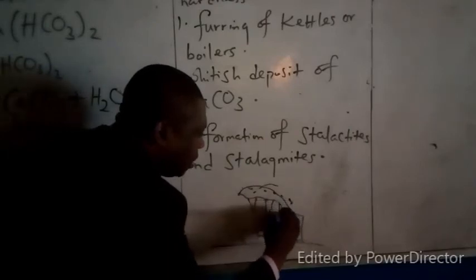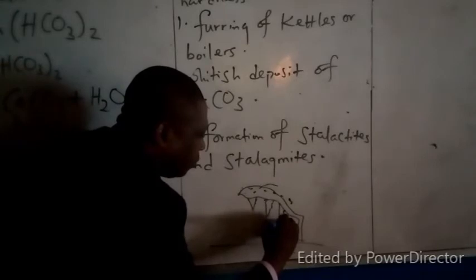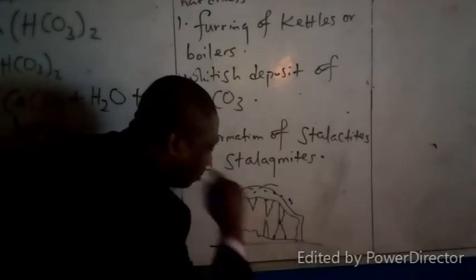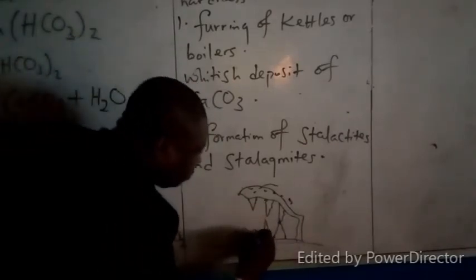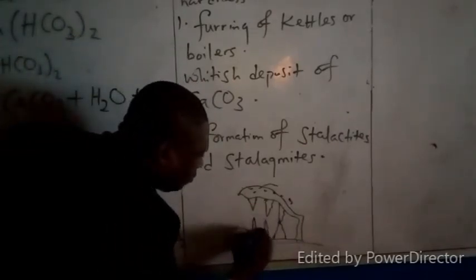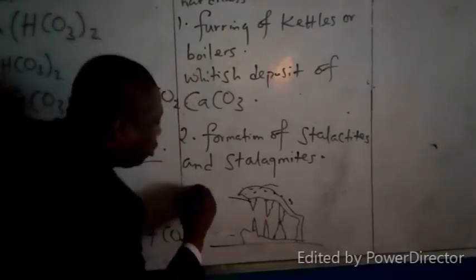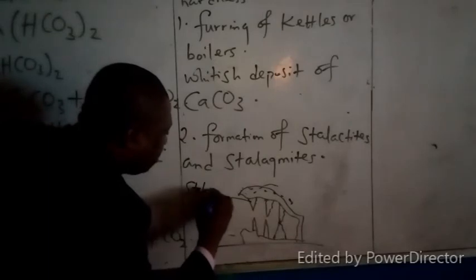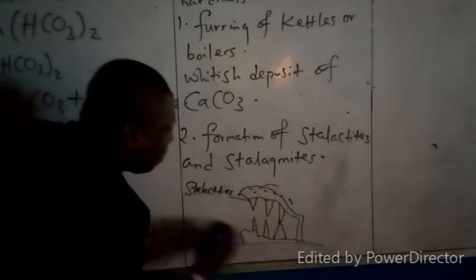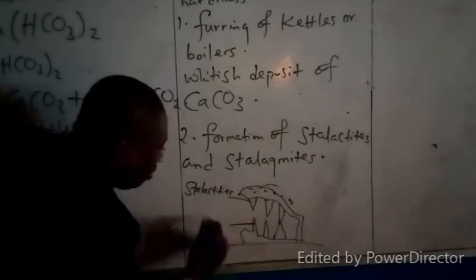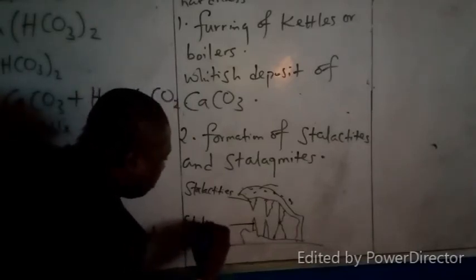You see growth of this nature. And sometimes you have the growth from the rooftop coming to meet the growth from the ground floor. These ones that grow from the rooftop are what we call the stalactites. And these ones that grow from the ground floor are what we call the stalagmites.